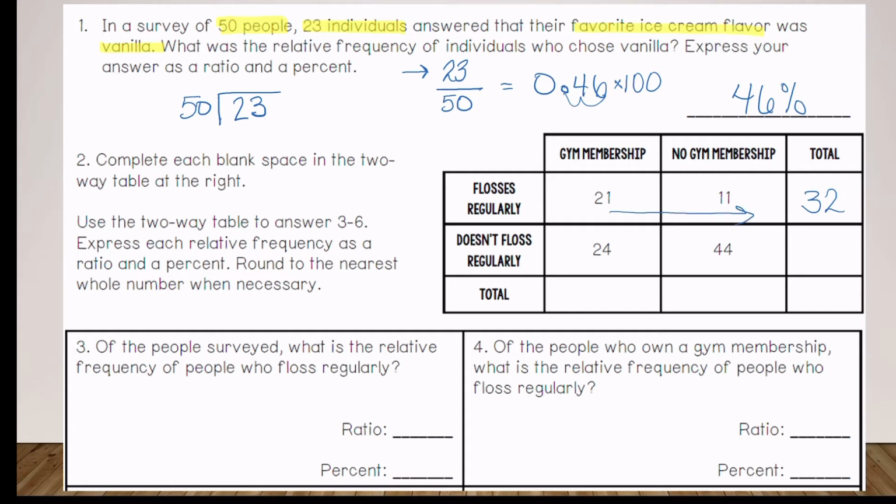My total who don't floss regularly, again, we're just adding, is 68. Then I'm going to go down this way to find out how many have a gym membership. I add 4 plus 1 is 5. 2 plus 2 is 4. 11 plus 44 is 55. Now, if I add these things together, I get 45 plus 55 is 100, and 32 plus 68 is 100.